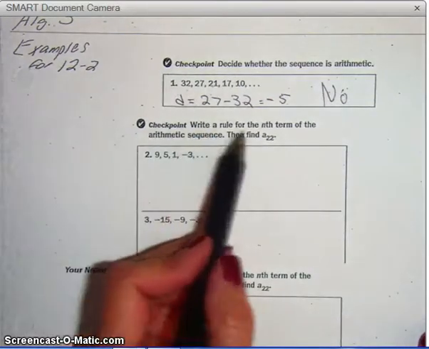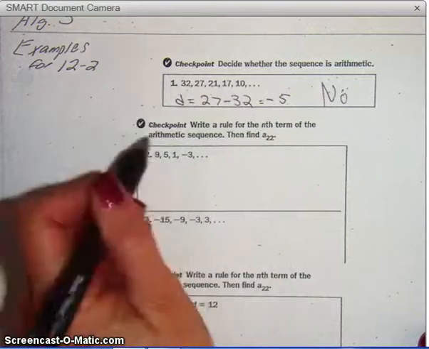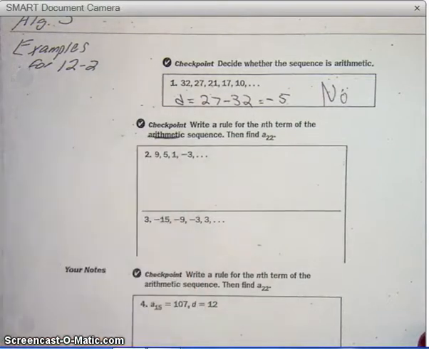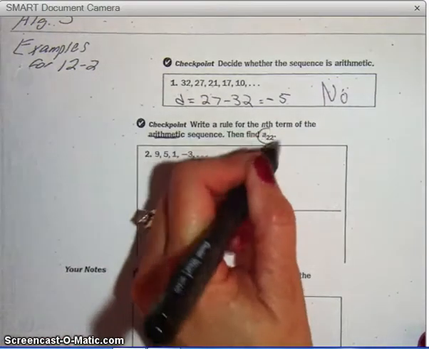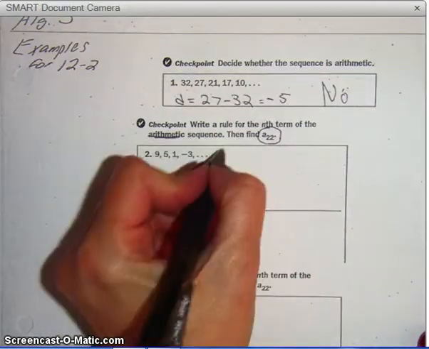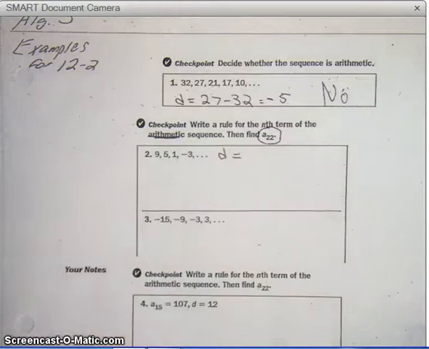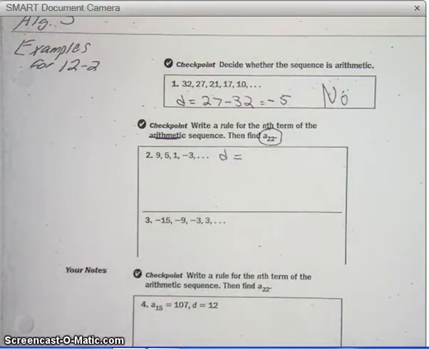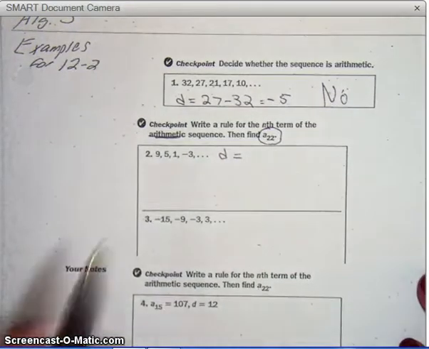Next one. Write a rule for the nth term. Now they're telling you it's arithmetic. Then they want you to find a sub 22. A sub 22 is the 22nd term. Okay? So let's, guys, go ahead and find d first of all. So Joel, what would be my setup to find that common difference?